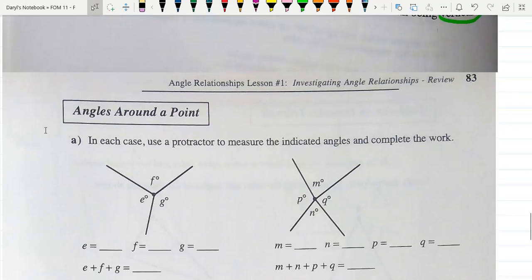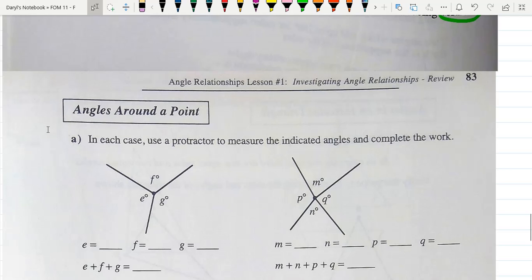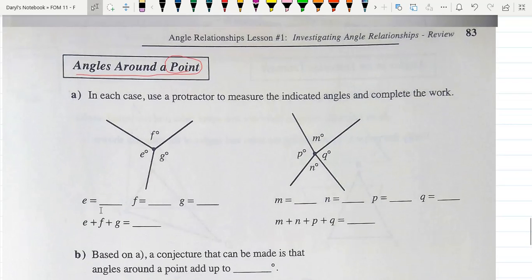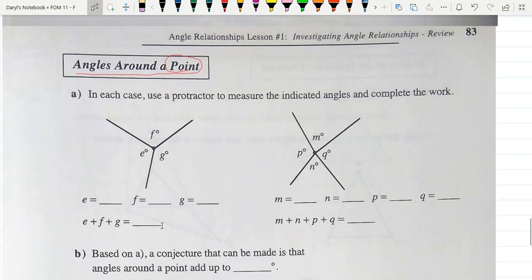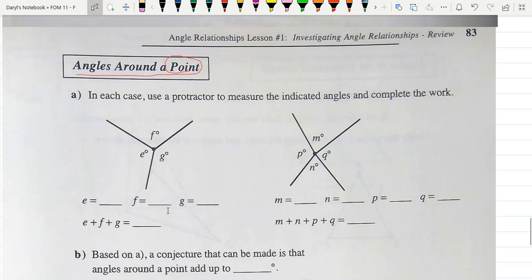Another angle relationship is the angles around a point. In the case of letter A, try to use a protractor to measure the following.